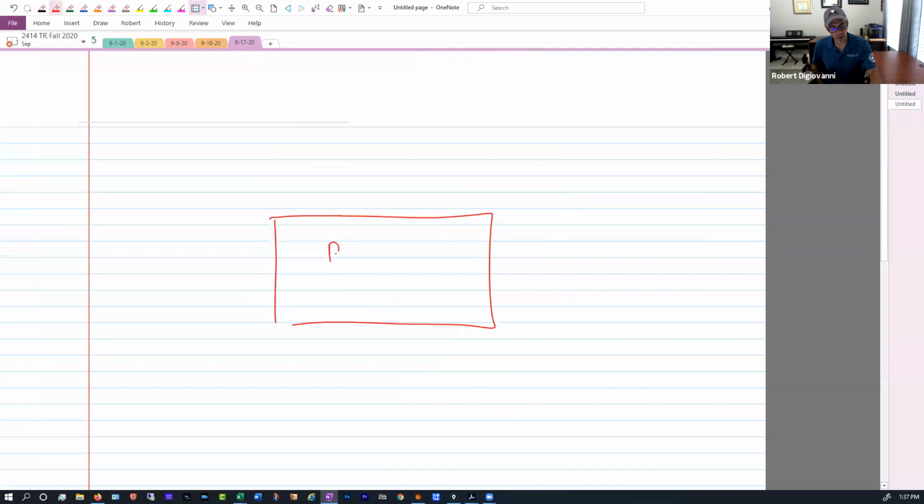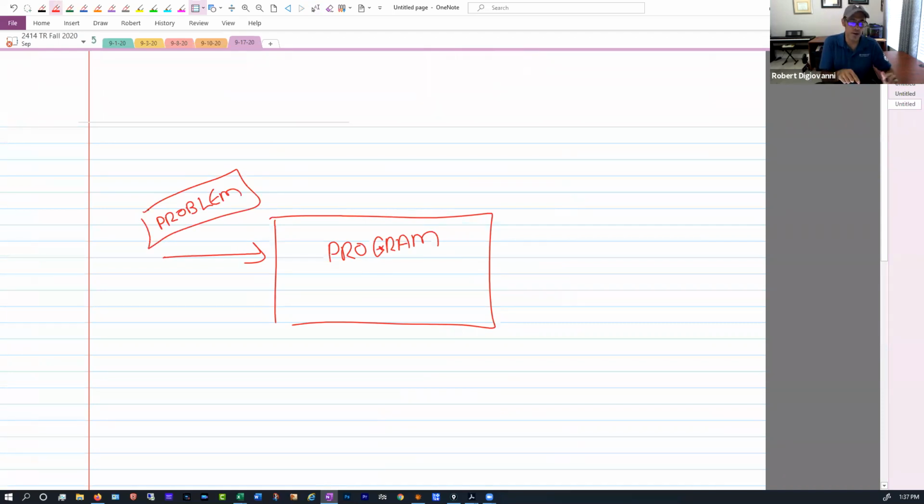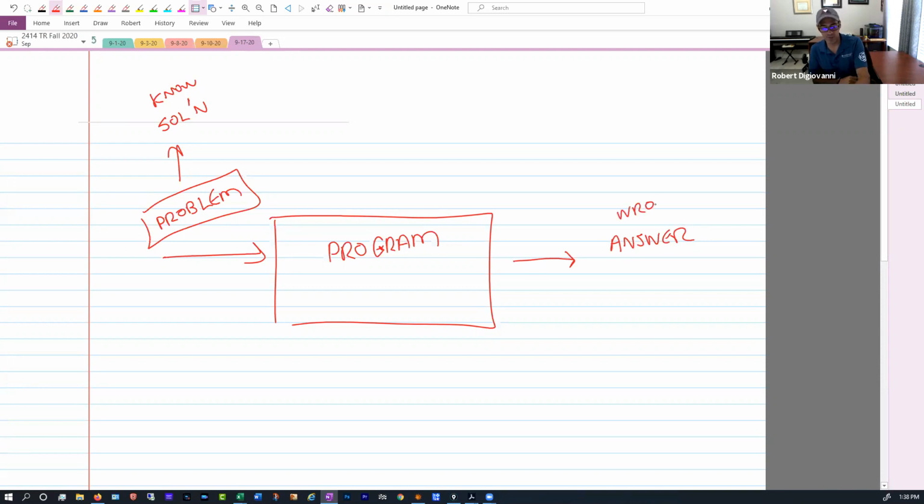And whatever the program was, we had to basically feed that program a problem, okay? The problem that we were gonna feed the program, we had to understand. We had to be able to find its solution. So we needed to know its solution theoretically, to show what the answer was without a computer. And then we needed to send this problem through the program and get an answer. And our task was to see if we could get the computer to give us a wrong answer.